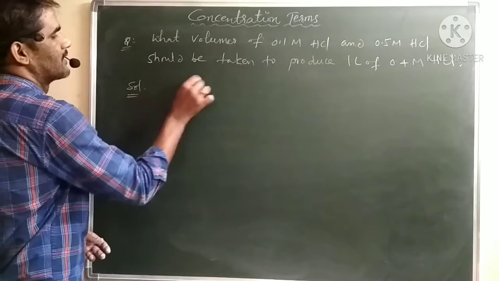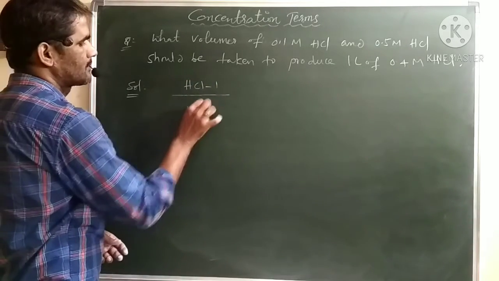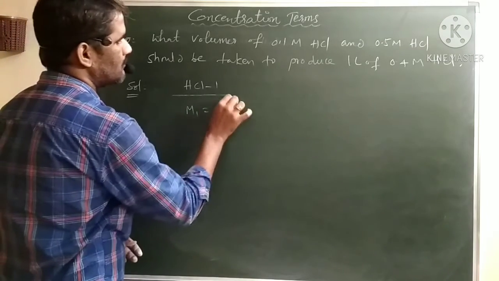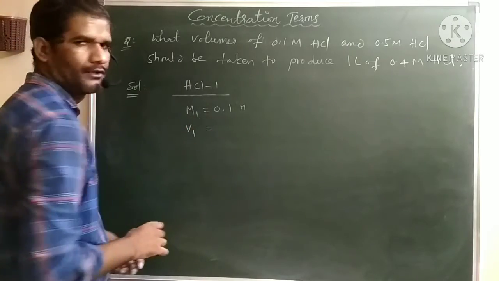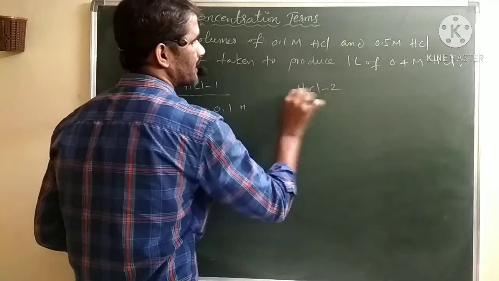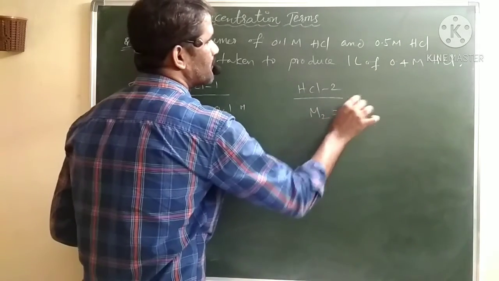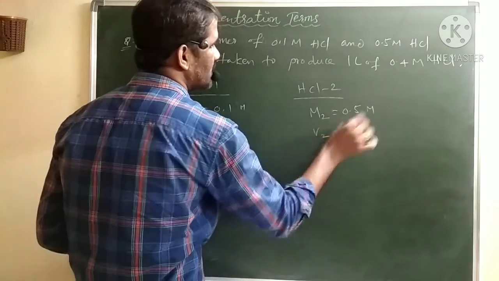First, HCl 1: the molarity is given as 0.1 molar and volume V1 we don't know. Similarly the second HCl solution has molarity 0.5 molar and the volume again we have to calculate.